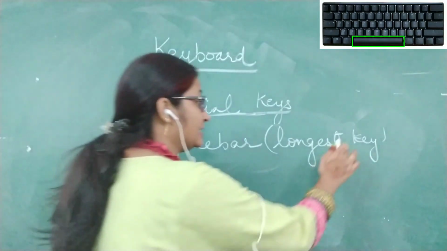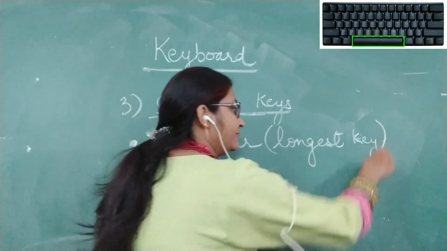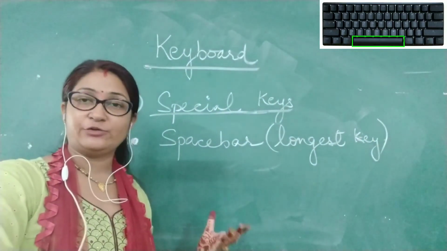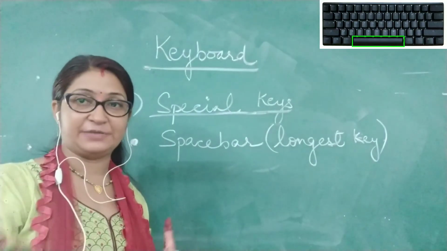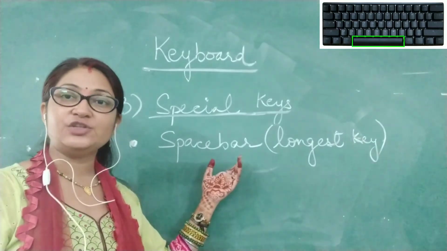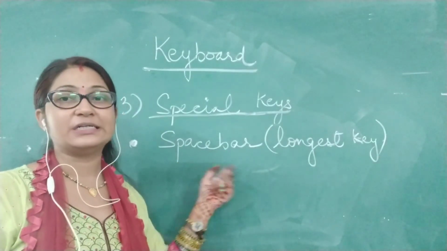Now, what is the use of this key? Suppose you are typing or writing anything and you want to leave some space between two characters, then with the help of the space bar you can give the space. So as the name suggests, it is used to give space.